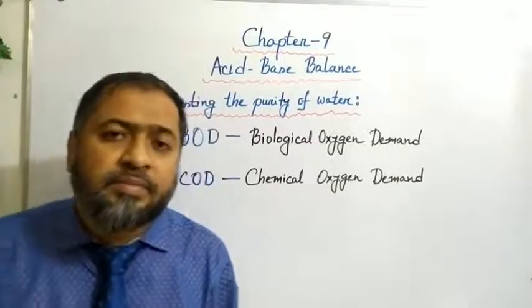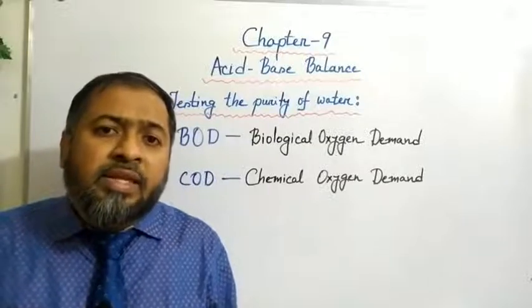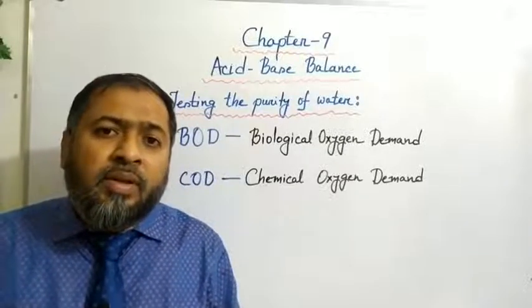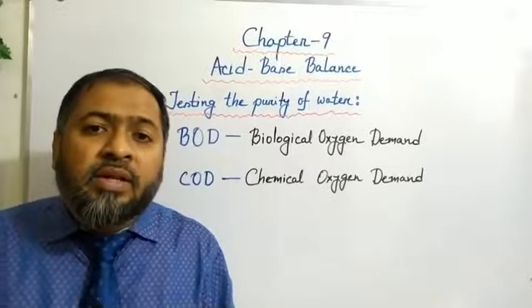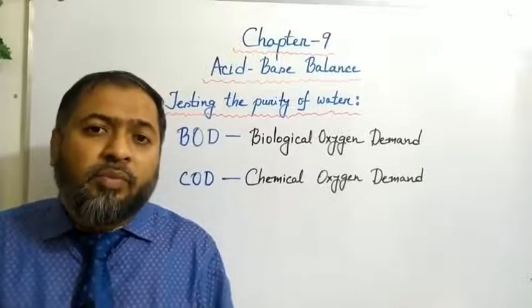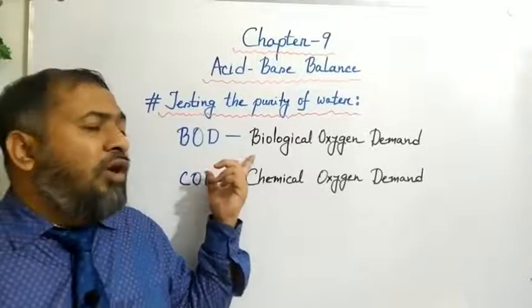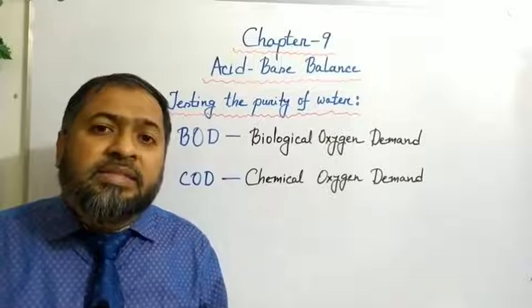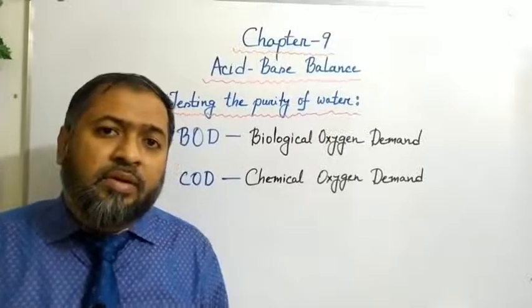Now students, as the amount of organic and inorganic compounds present in water increases, that water is considered polluted water. That implies if the value of biological oxygen demand is higher, then that water is polluted water.